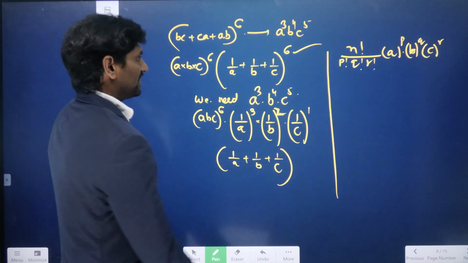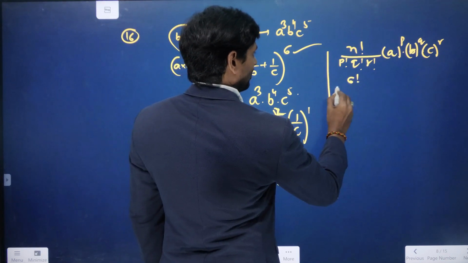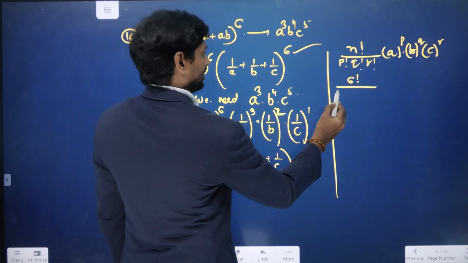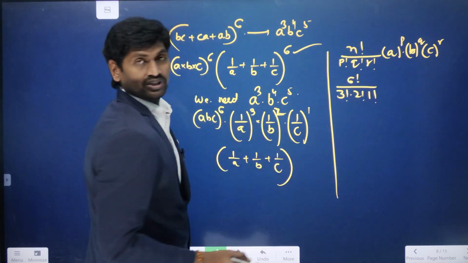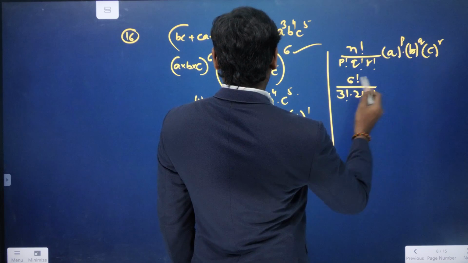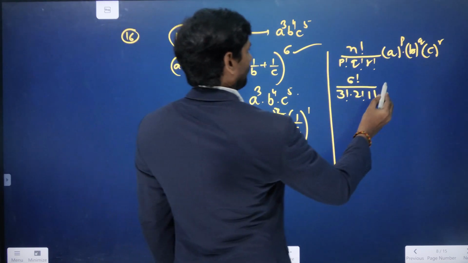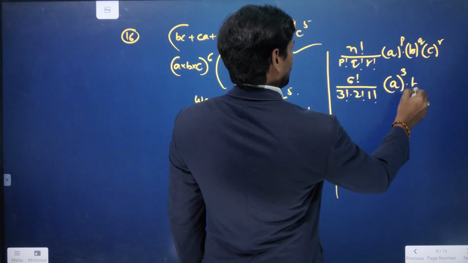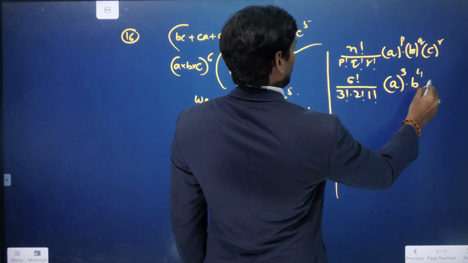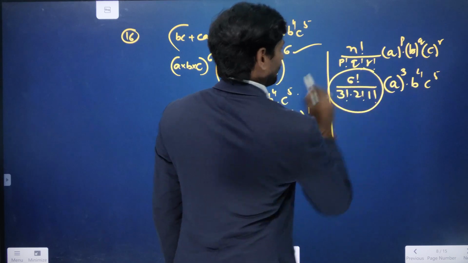So n is nothing but 6 factorial. Here p is nothing but 3. 3 factorial into 2 factorial into 1 factorial. And a value is nothing but this one, 1 by a, or nothing but a power 3, b power 4 and c power 5. We want this one.